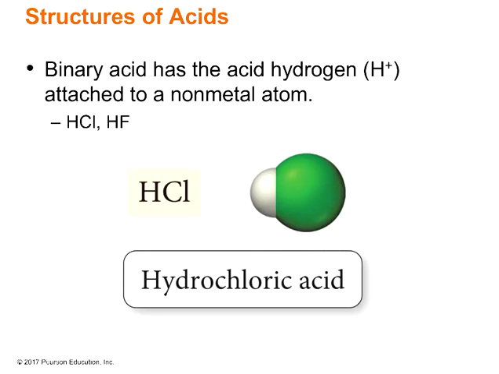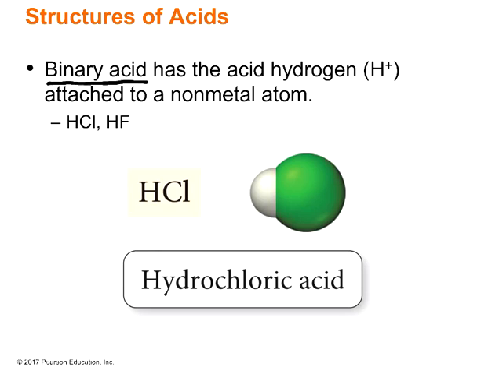Now, there are two different types of acids. The first type is called a binary acid. Binary acids have a hydrogen ion attached to a nonmetal atom. Now, we're saying hydrogen ion here, but really these atoms are covalently bonded.